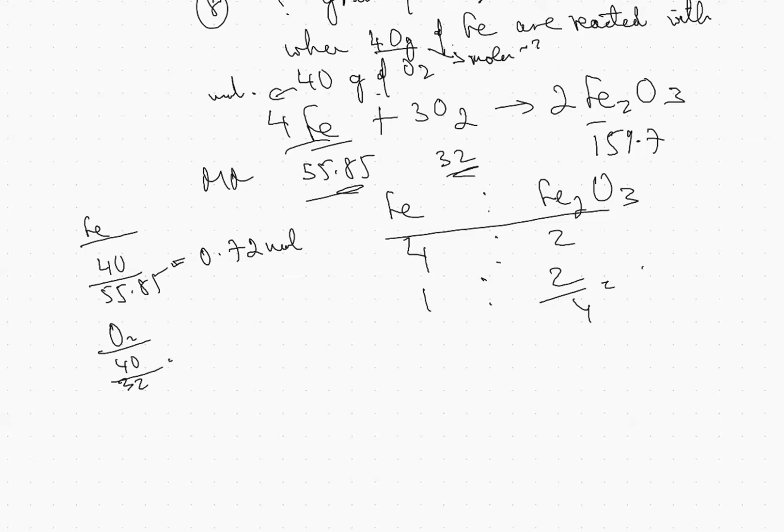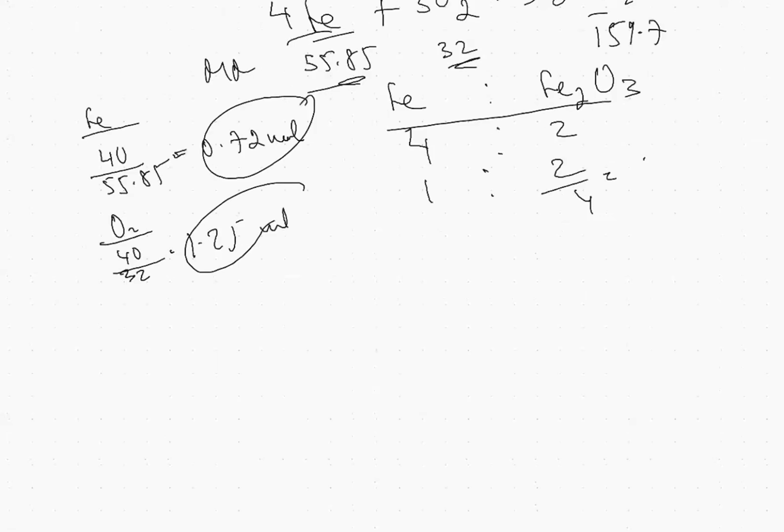Now we know the mole values, right? It's not just with iron, with oxygen too. So we have to write separately, iron and oxygen to Fe2O3.